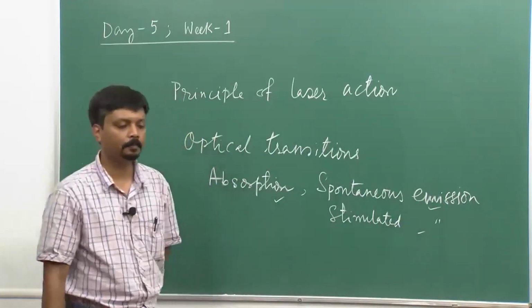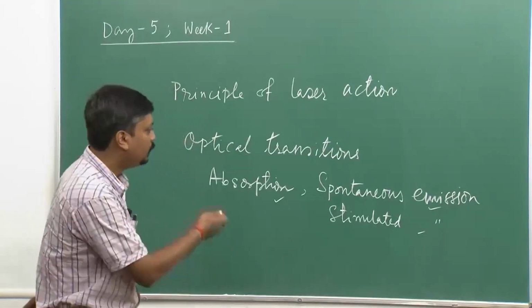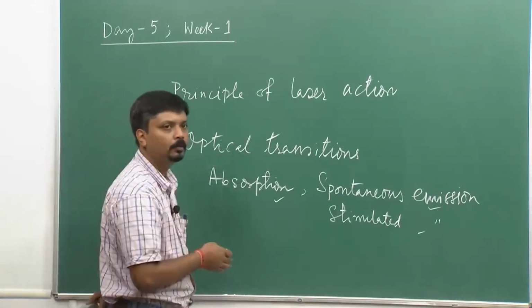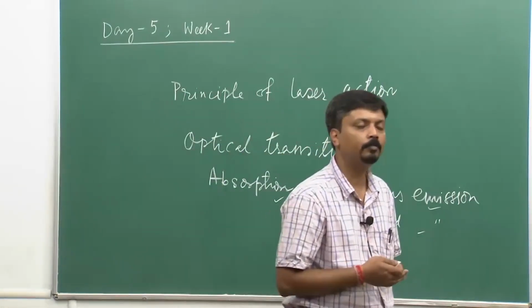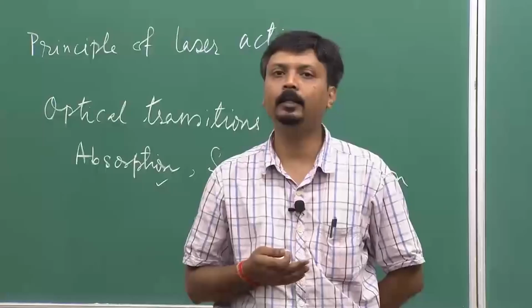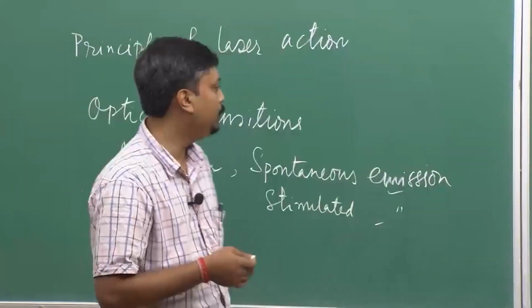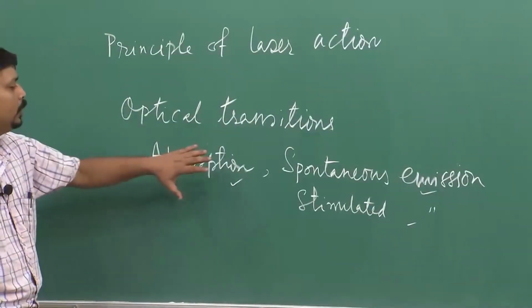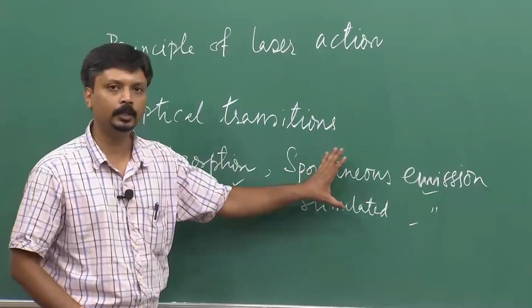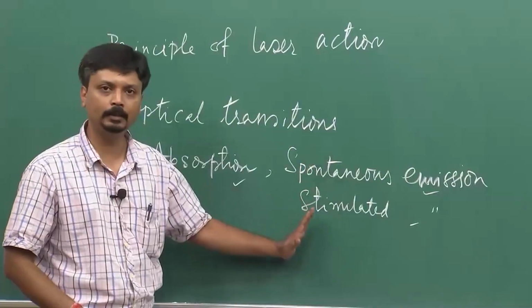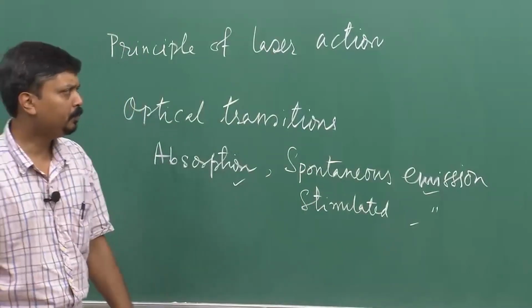this absorption and both the emission processes. So, after looking at their rates, we brought in the principle of detailed balance, and thereby we equated the total rate of absorption to the total rate of emission, which includes spontaneous and stimulated emission. So, what we had?